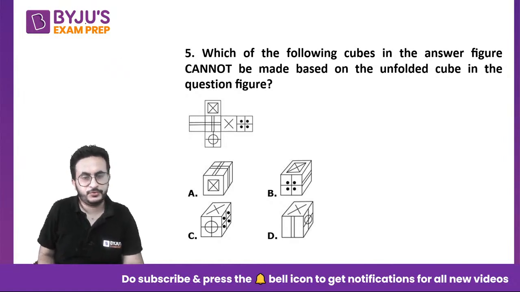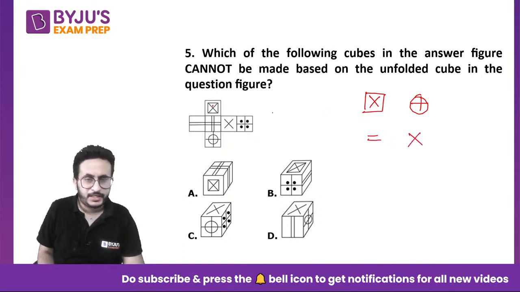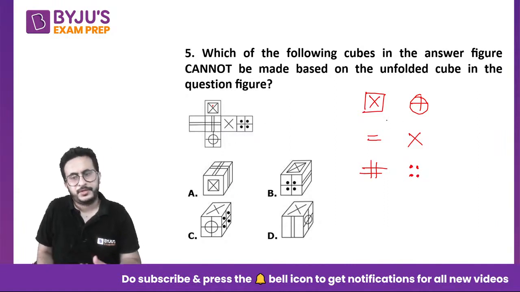If we see this cube, the opposites are this cross inside the box and this symbol. That is one opposite. Another opposite is double line and cross. And the third opposite is this plus sign and the four dots. So these are the pairs of opposites.